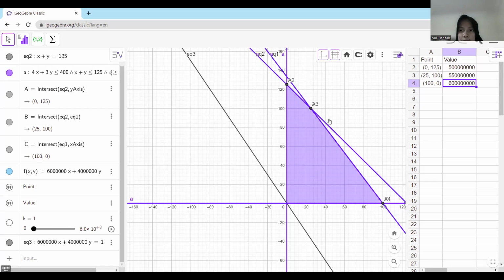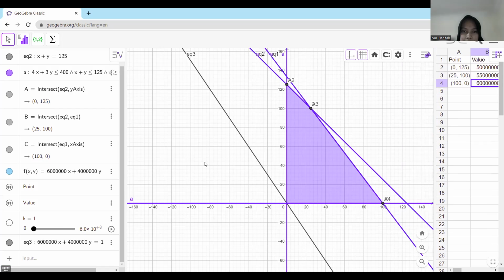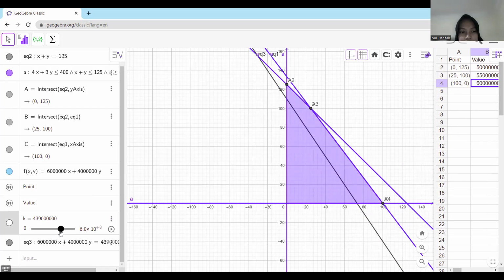We can move the line, the black line here. We can pass the point A. The first is point A, where point A is the minimum value, and next is point B, and the last point is point C, where point C is the maximum value.